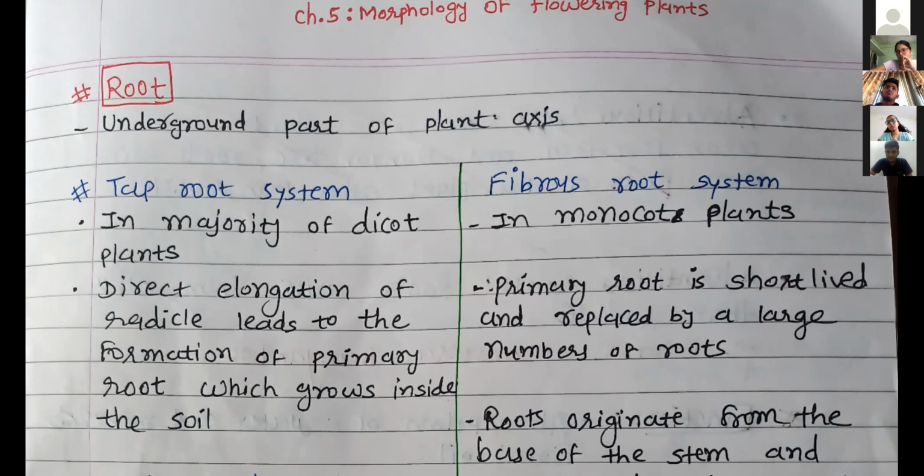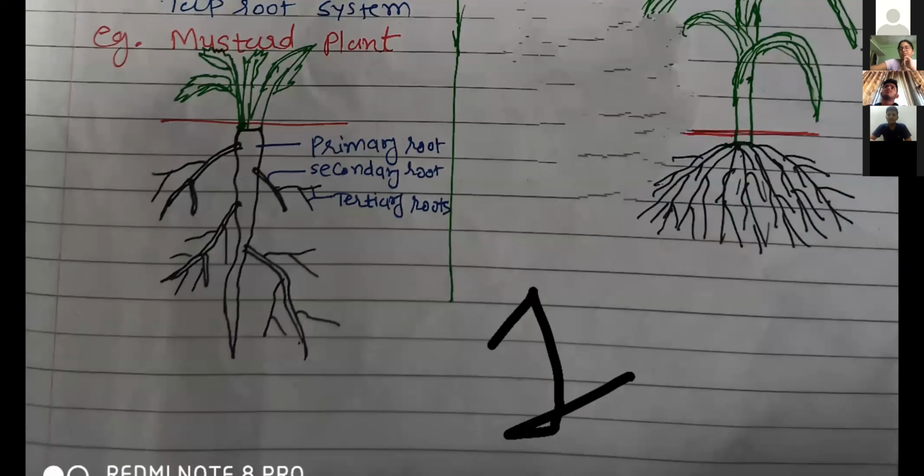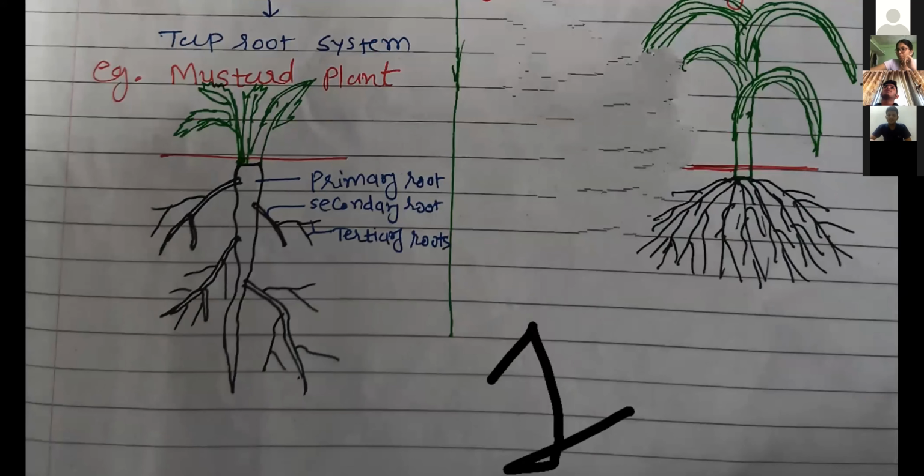Taproot system. Just imagine the seeds are sown into the soil, and from the seed, radicle and plumule arise.